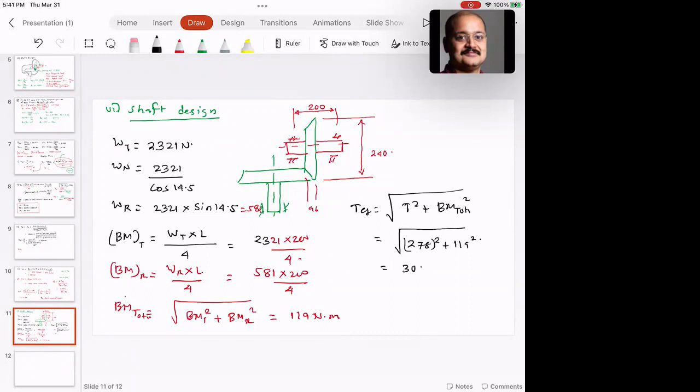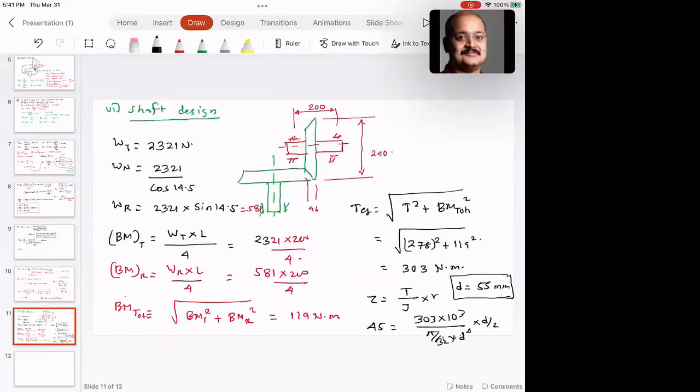That gives you 303 Newton meter. Tau is equal to T divided by J multiplied by R. For Tau, we are going to use carbon steel, so 45 or 50. This 303 times 10 to the power 3 over pi by 32 times d to the power 4 times d by 2. And my d is equal to 55 millimeters.